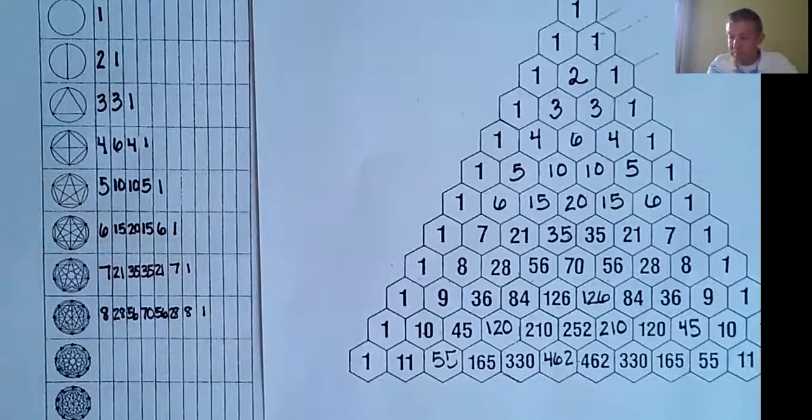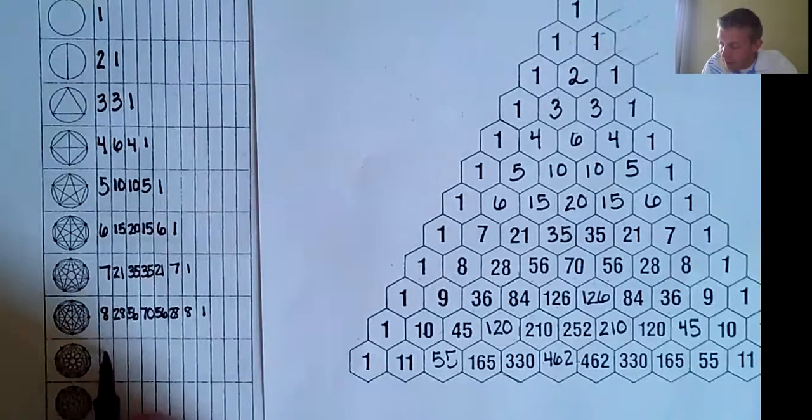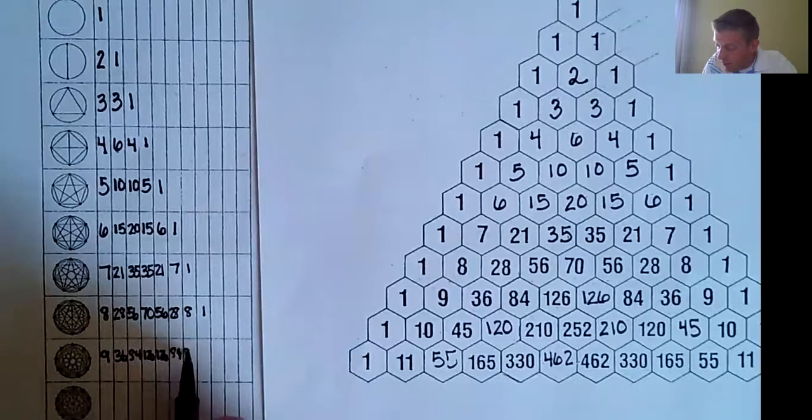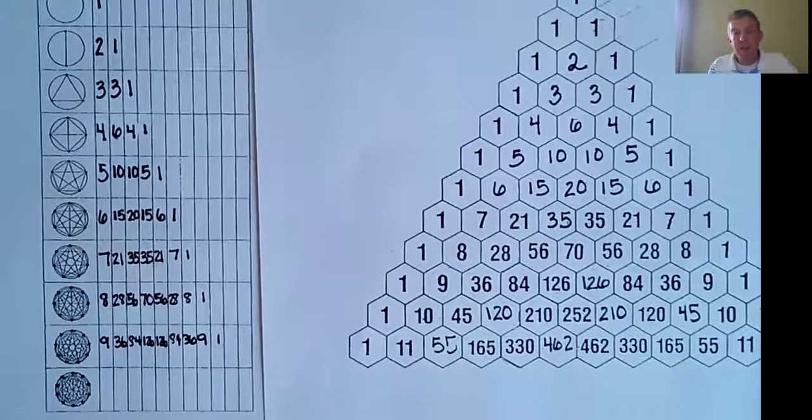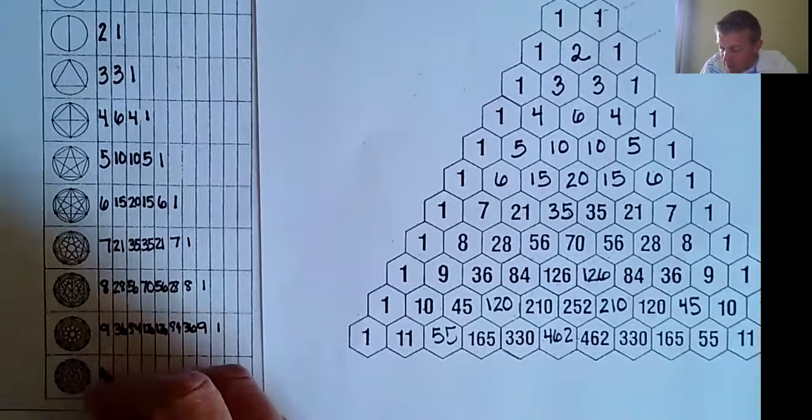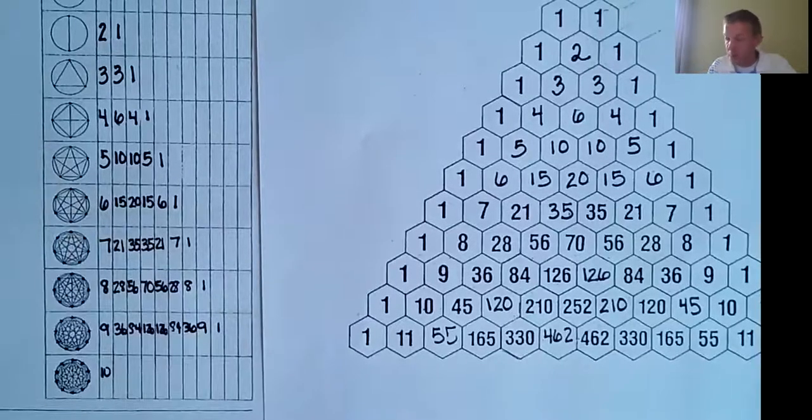When there's 9 points, it's going to be 9, 36, 84, 126, 126, 84, 36, 9, and 1. And then finally, when there's 10 points, imagine counting everything up in there by brute force.